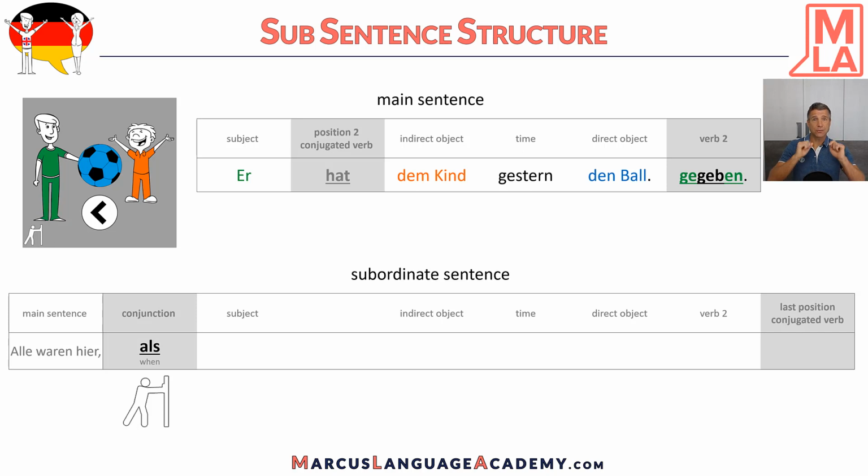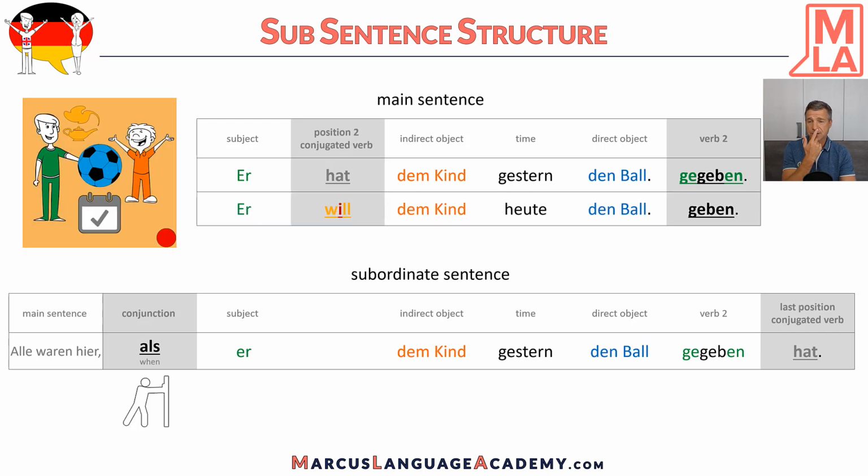So als also pushes the conjugated verb to the end. And the sentence reads as follows: Alle waren hier, als er dem Kind gestern den Ball gegeben hat. Everybody was here when he, the kid, yesterday the ball given has. Sounds really weird, but in German it has to be this way. So remember, the conjugated verb is pushed to the end.